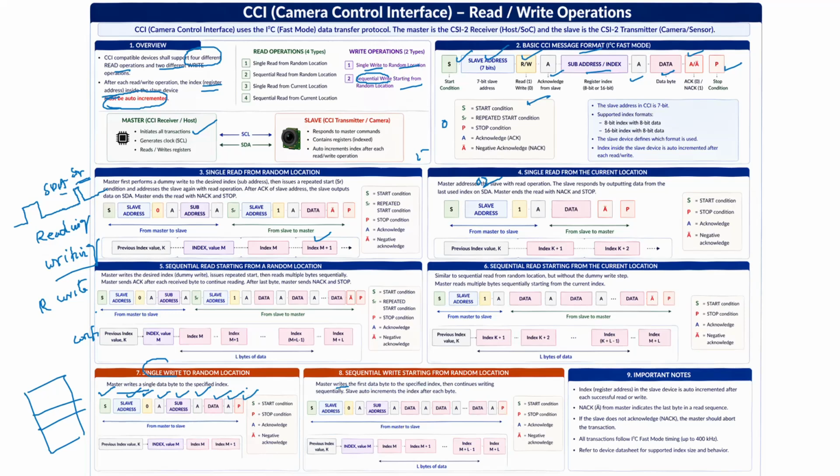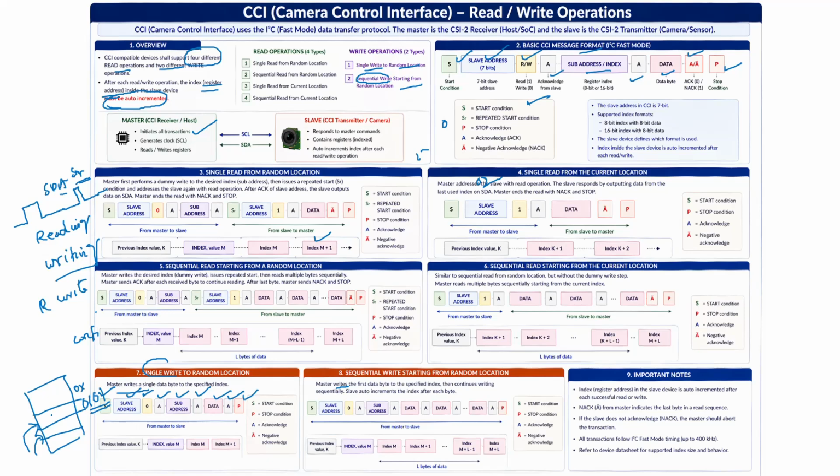You need to write to some particular location, like 0x01 is the address location. You write the data to this location, then continuously you keep writing data, and the slave will automatically increment the address location. For each data byte it increments the address location.